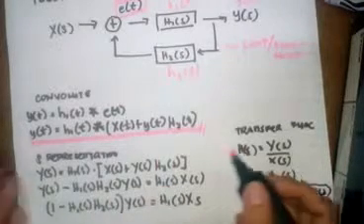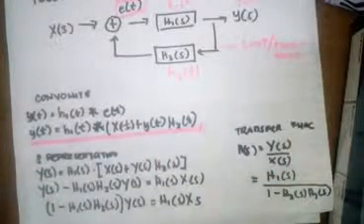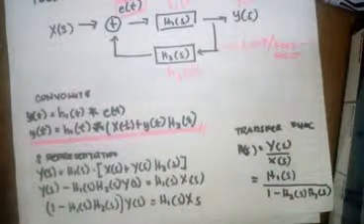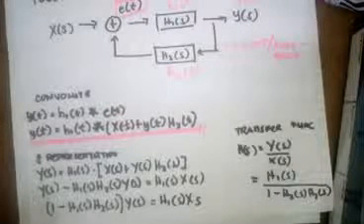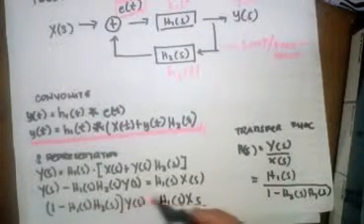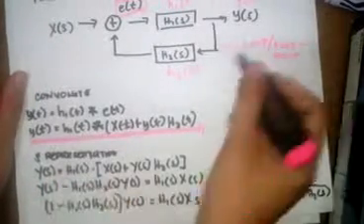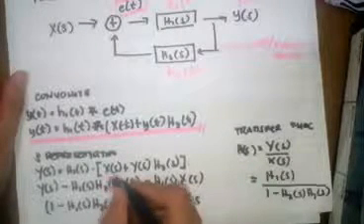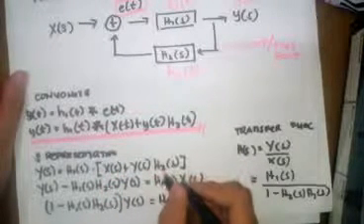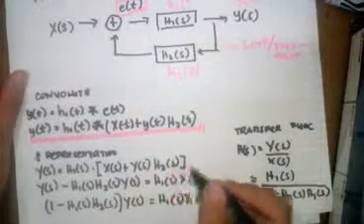In the S representation, as I already said, it is the same as the convolution. It's just that it is in the S domain, or the frequency domain, and the operation is simply multiplication. So the output y of s is equivalent to h of 1 multiplied by x of s plus y of s times h of 2 of s.